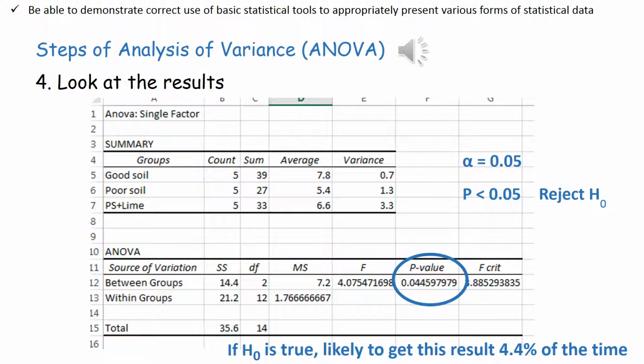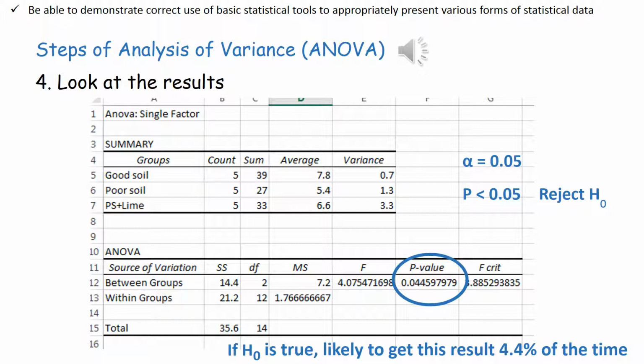The p-value from this ANOVA is 0.044. This tells us we are likely to get the result that says the means are different when they are actually the same, only 4.4% of the time.